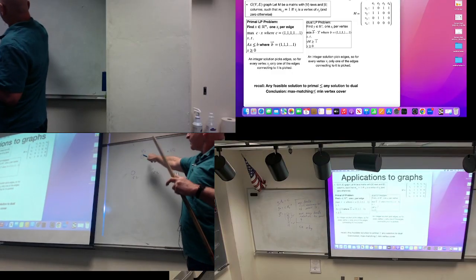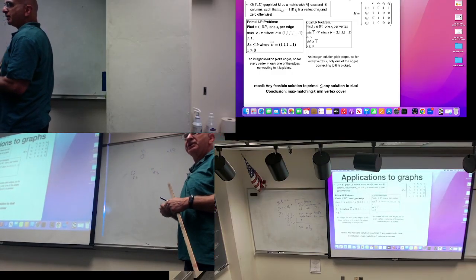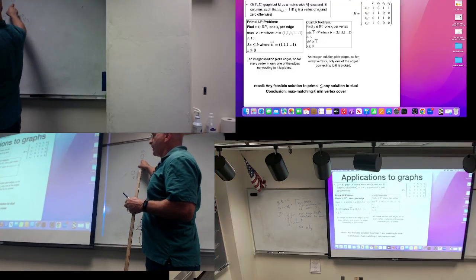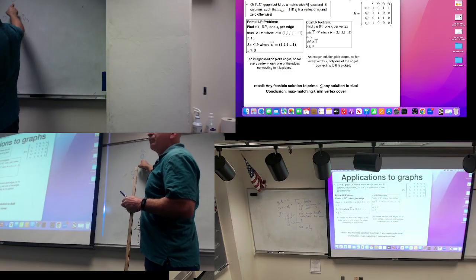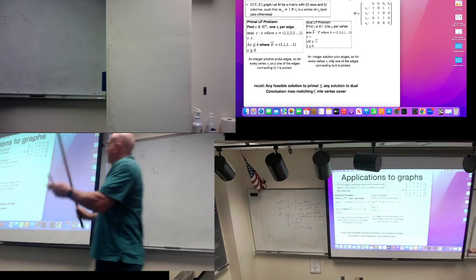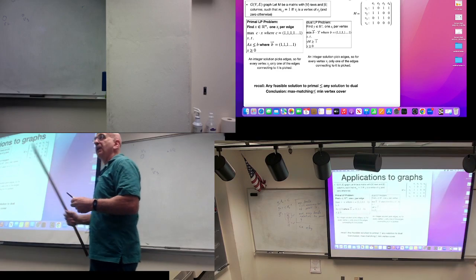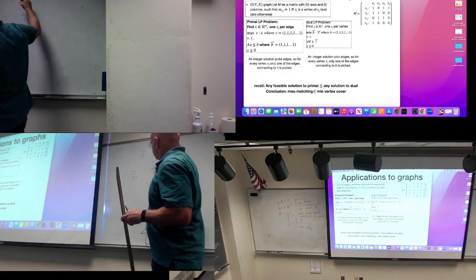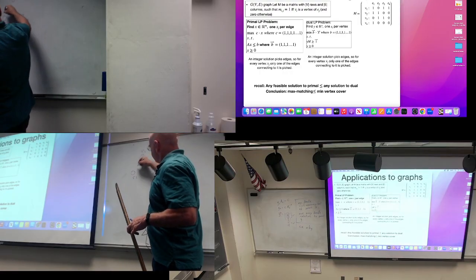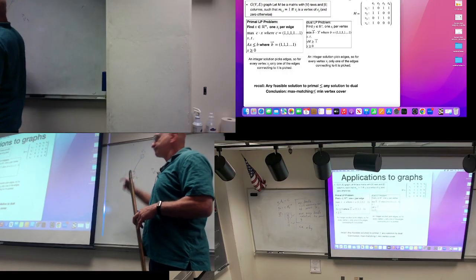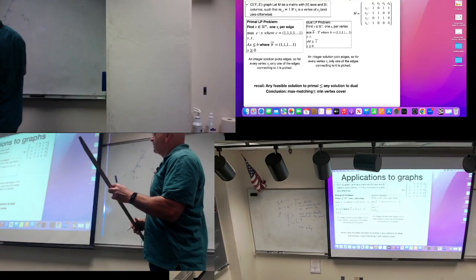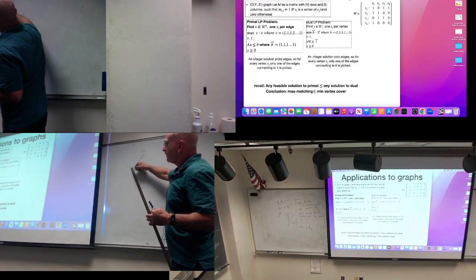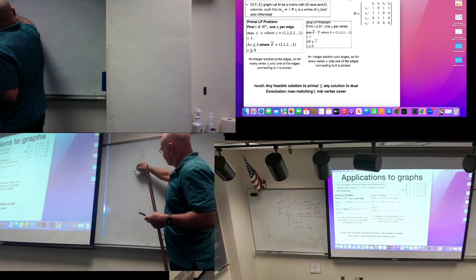So what happens in this graph? Hopefully it works. I'm looking at the edge E1. The edge E1 has 2 endpoints, one is V1, one is V2. So E1 will be between V1 and V2. E2 will be between V2 and V3.